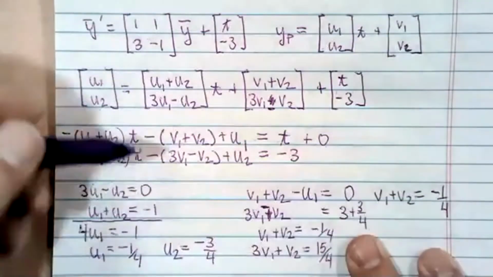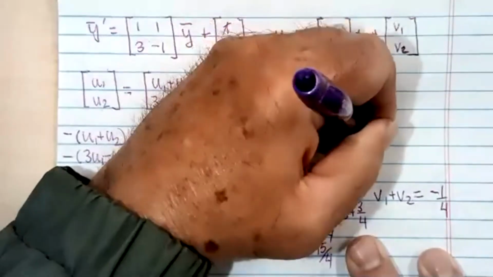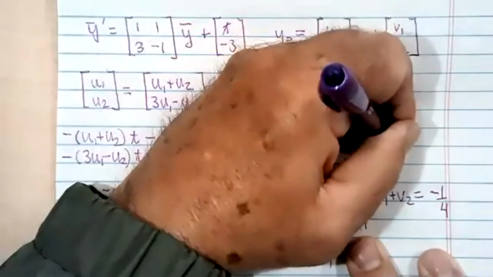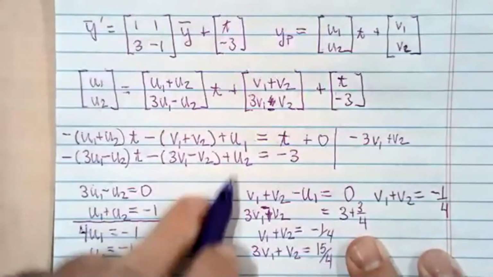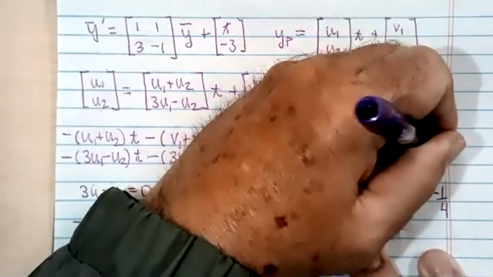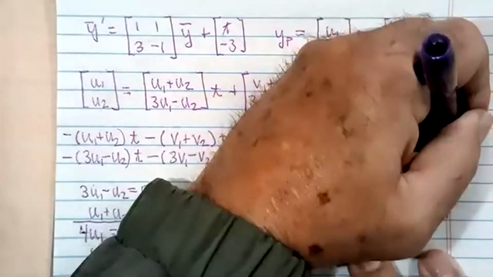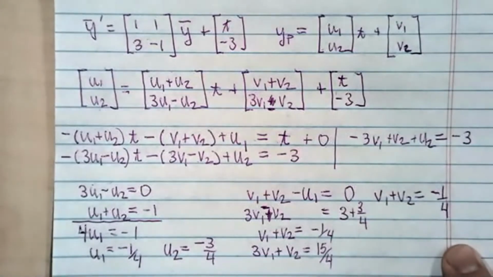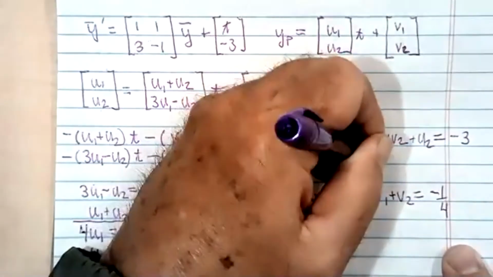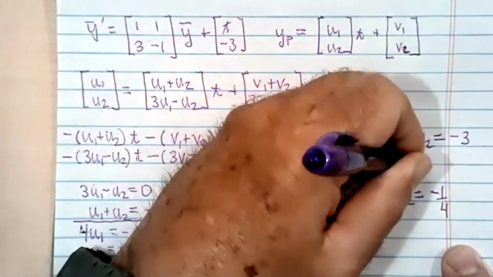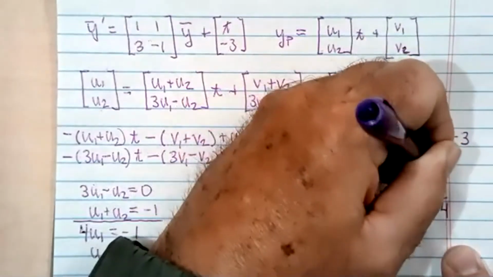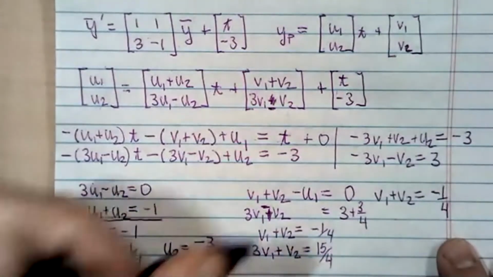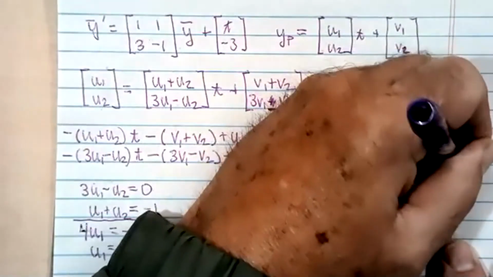Let's write this out again. Minus 3v1 plus v2 plus u2 equals minus 3. That's where we start from. And then I multiplied it through by a negative. 3v1 minus v2, and then it will be plus u2. And plus u2 is subtracting 3/4.